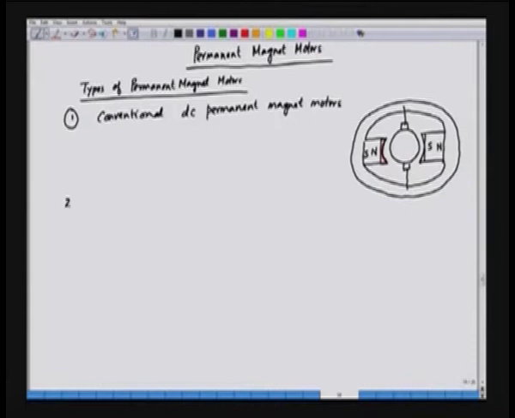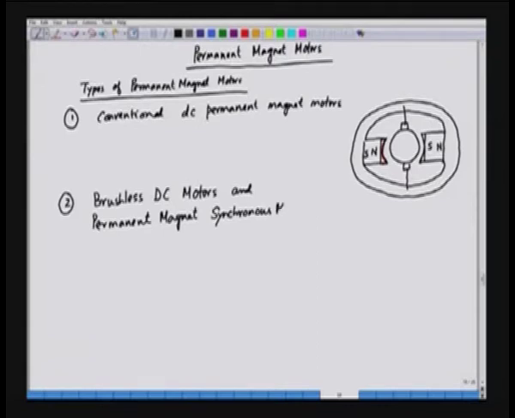Second type of permanent magnet motors are brushless DC motors and permanent magnet synchronous motor, and that is called PMSMs.